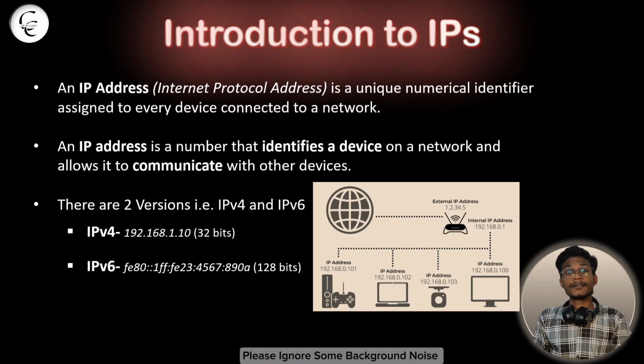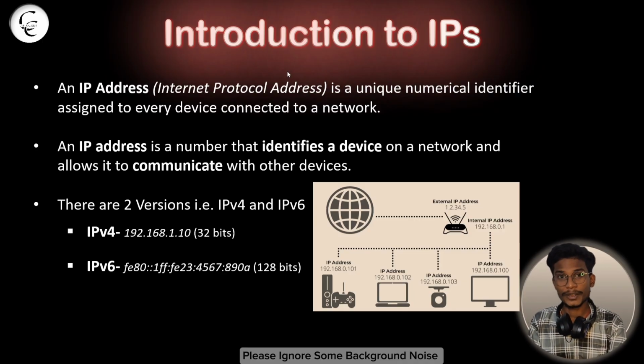So guys, first of all, let's know what is IP. IP, or Internet Protocol. So guys, an IP address is nothing but a simple address for a digital device. Here we have the definition: an IP address, or internet protocol address, is a unique numerical identifier assigned to every digital device connected to a network.